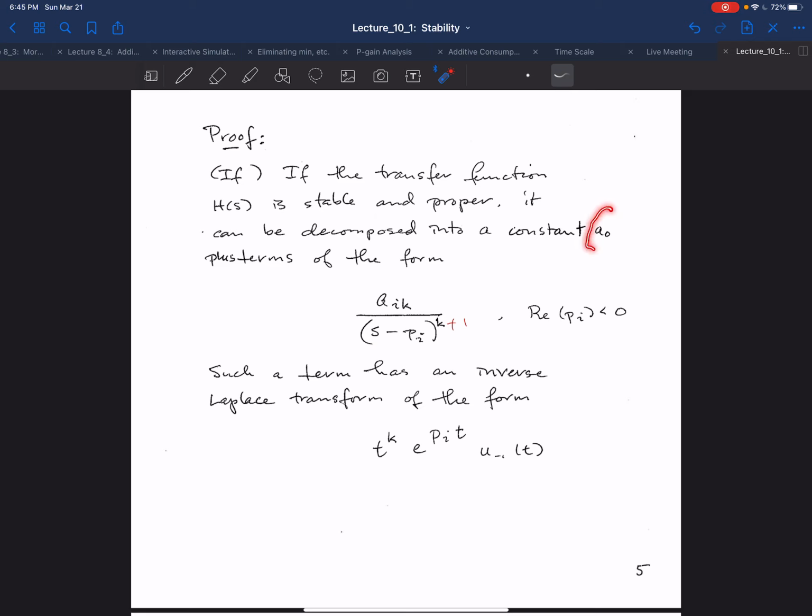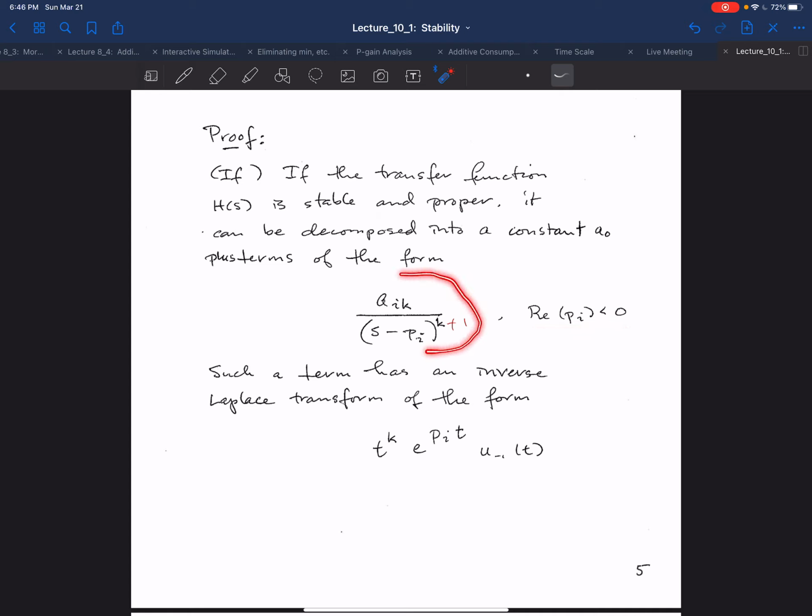But as you've seen, if it is proper but not strictly proper, then you may need to include a constant term, let's say a naught. Okay, so if H of s is stable and proper, it can be decomposed into a constant term a naught plus a number of terms of this form where the p_i's are poles of the transfer function. And because the transfer function is stable, the real parts of those poles are all strictly less than 0.